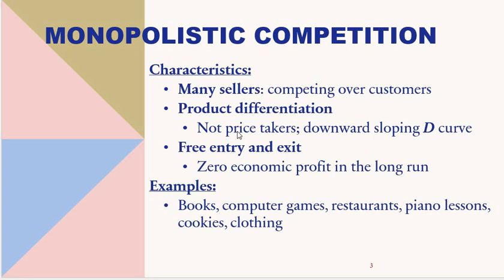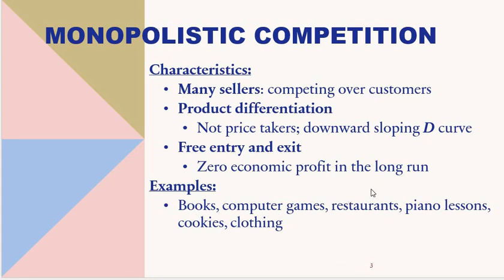And there is definitely product differentiation in a book market, right? Because each book will give you different information and knowledge. And there might be low barriers to entry or exit in the publishing industry. So we usually tend to consider the book market as monopolistic competition.